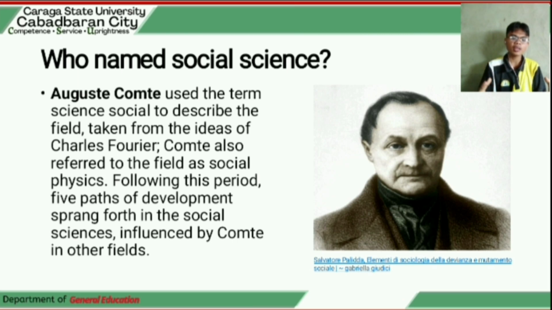Coined the term sociology, Comte believes that sociology could unite all sciences and improve society, and Comte was a positivist who argued that sociology must have a scientific base and be objective.